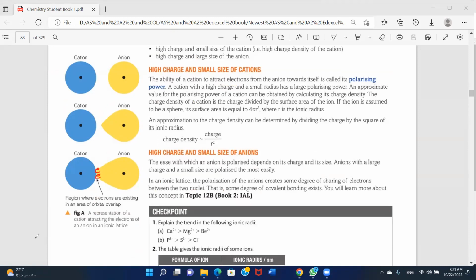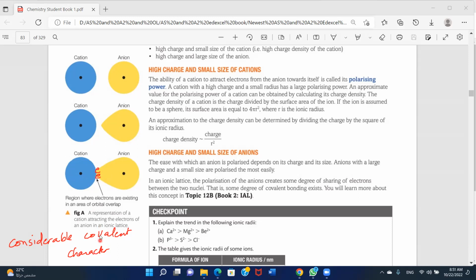It will have what we call a considerable covalent character. What do we mean by considerable covalent character? It is still an ionic compound, but not 100% ionic.